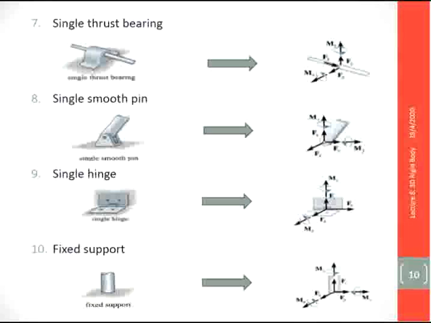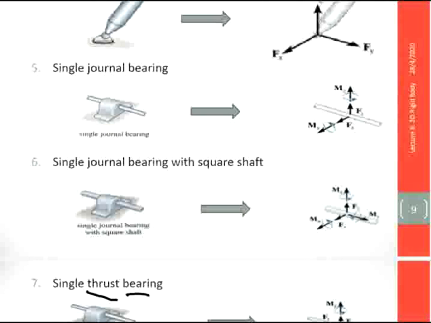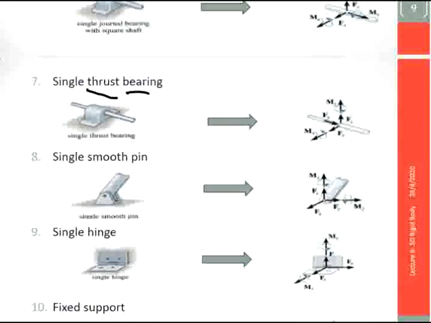Okay, we proceed with another reaction and condition. The next is the single thrust bearing. It's similar to the previous single journal bearing, but this one has a bearing here, and the shaft can only rotate, it cannot move.